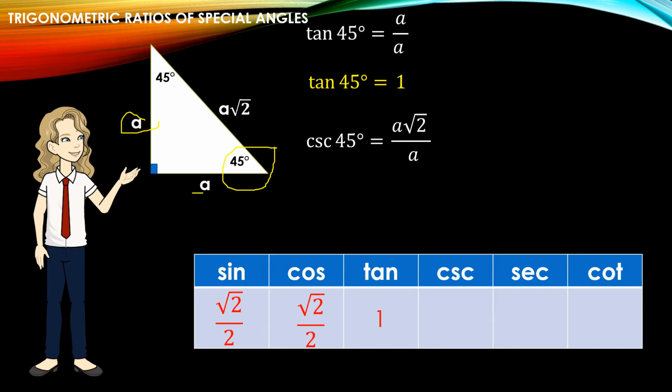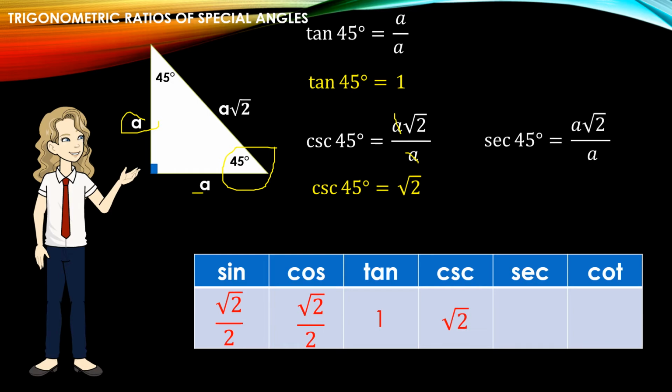Cosecant is the reciprocal of the sine. So, if the sine is opposite over hypotenuse, now it is hypotenuse over the opposite. The hypotenuse is A square root of 2, and the opposite is A. So, A square root of 2 over A. Then, cancel the A. So, cosecant 45 degrees is equal to square root of 2. Okay. How about the second 45 degrees?